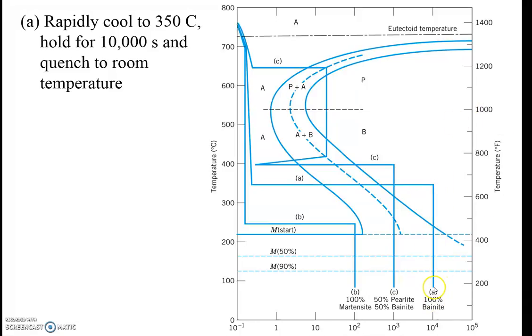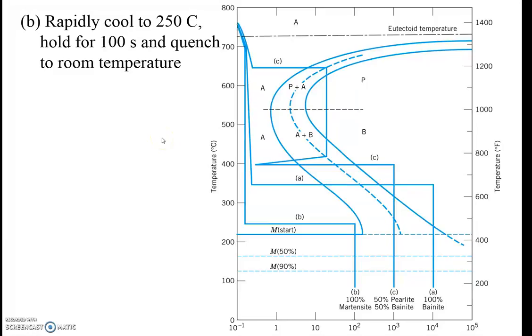But why did I not go to martensite? Well, remember, martensite is only formed from austenite. That's it. Martensite is only formed when you have austenite being quenched. So it's going to be 100% bainite. Next one is a little bit more challenging.